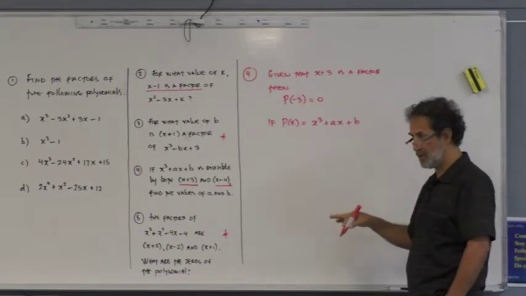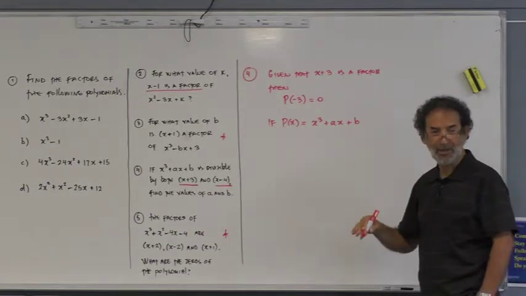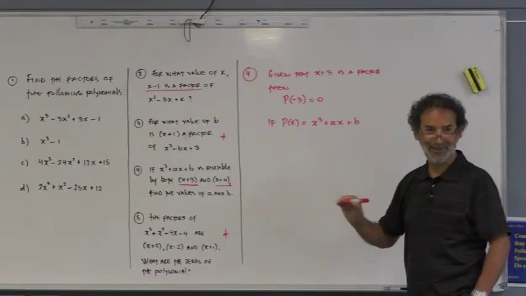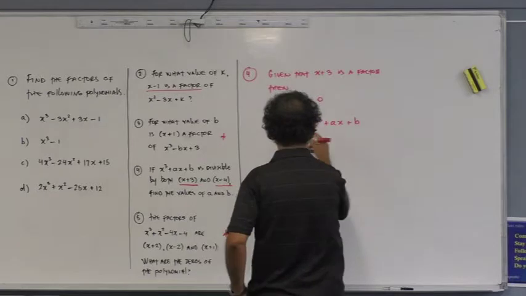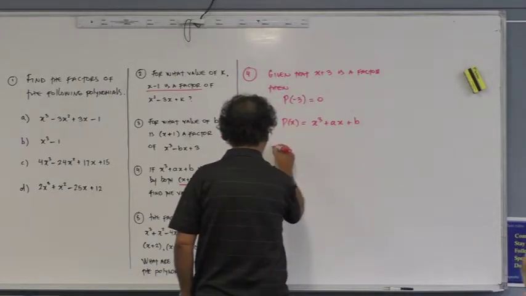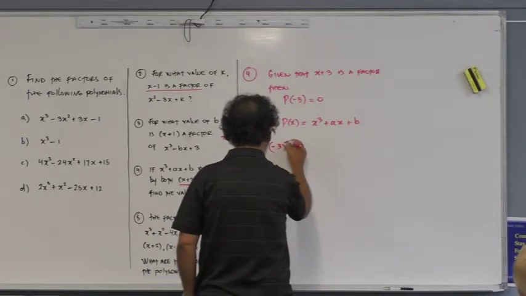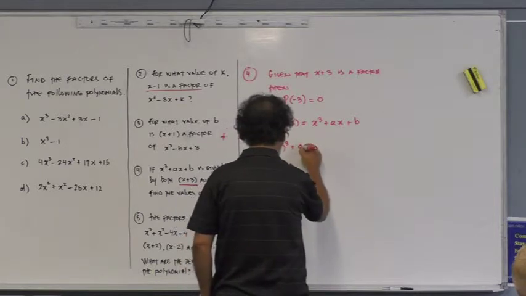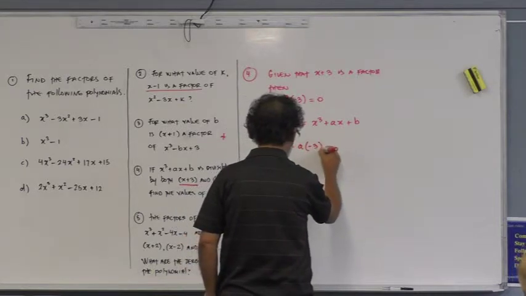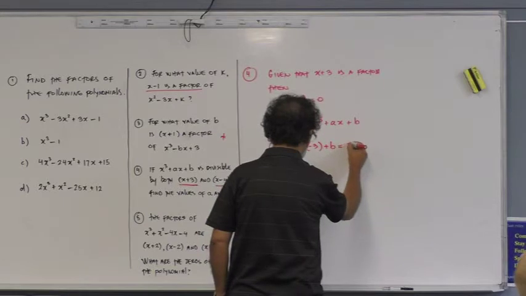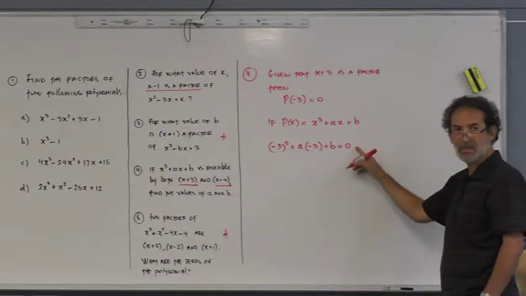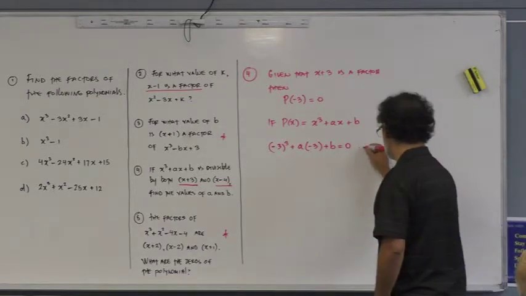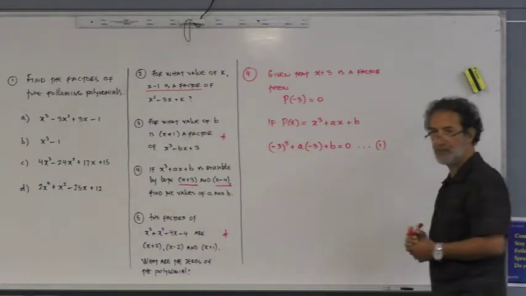Okay, I'm going to do this very, very slowly in slow motion, so then you can understand. All right, so we're going to substitute negative 3. So here we go. We do negative 3 cubed plus a multiplied by negative 3 plus b equals 0. And I'm going to call this equation 1.